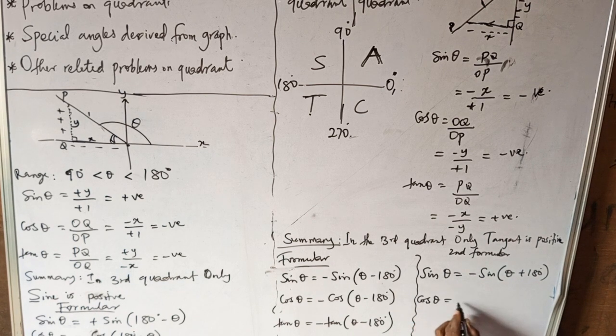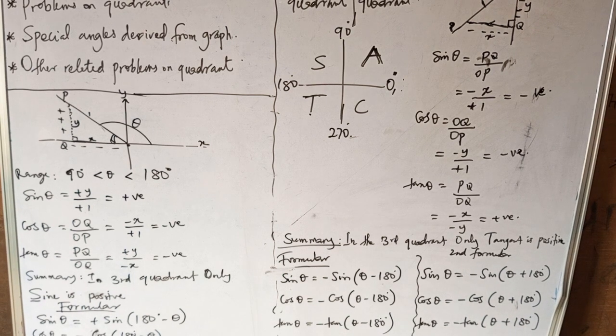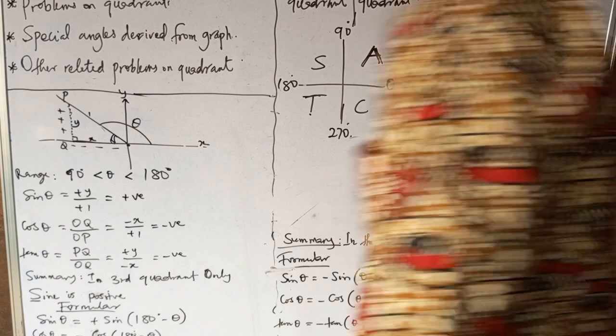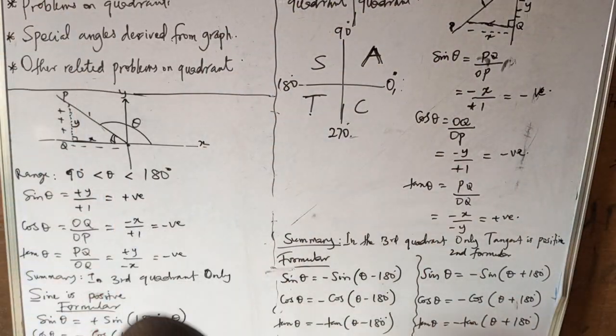Cos theta equals minus cos into theta plus 180, and tan theta equals minus tan into theta plus 180. As you can see on the board, the first one is subtraction, while the other one is addition. But we have different applications of the two. So let's take the fourth quadrant and we'll now take the problems on the two.